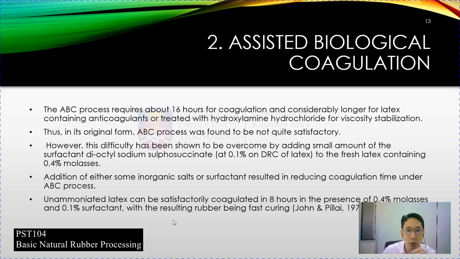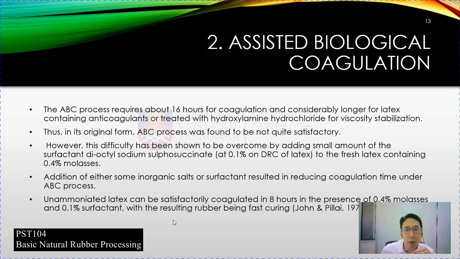So if you want to reduce the coagulation time, you might consider adding some surfactant or inorganic salts. Unammoniated latex can be satisfactorily coagulated in 8 hours in the presence of 0.4% molasses and 0.1% surfactant, with the resulting rubber being fast curing.